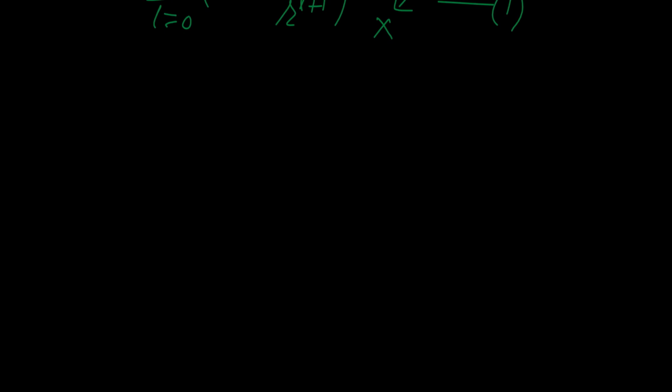So for R greater than A, we can take the value of R from A to infinity. It means A is less than R and this is less than infinity. It means we may take R equal to infinity.